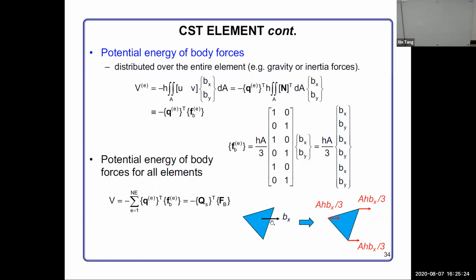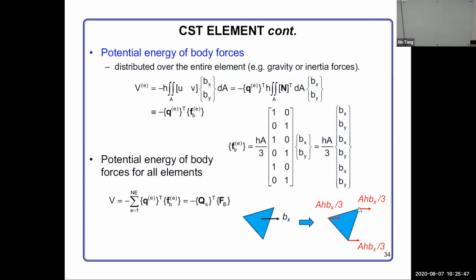Right. Now this body force, around the x direction, we can equally distribute into the three nodes. Okay, so then it equals A H Bx, the whole body force, divided by 3.